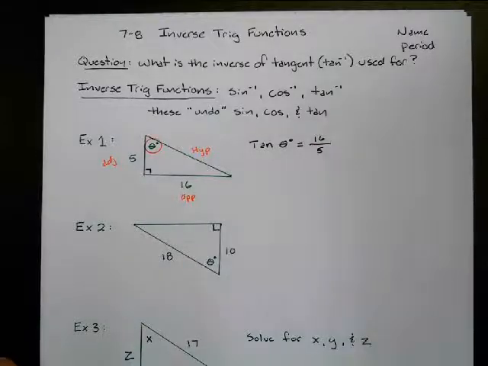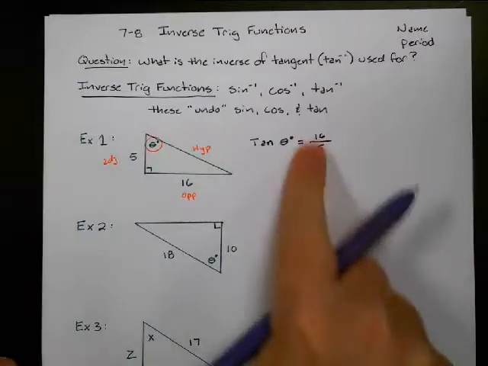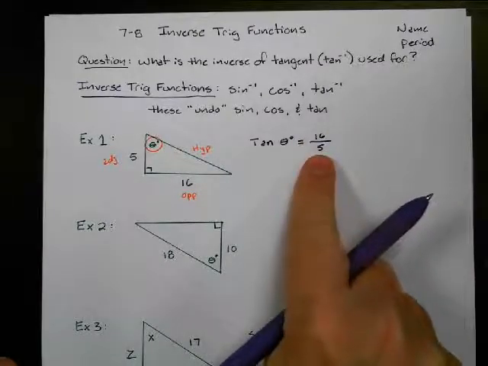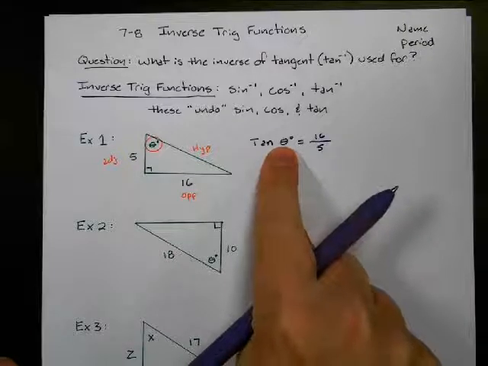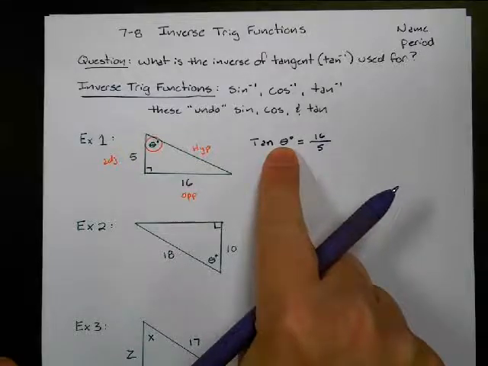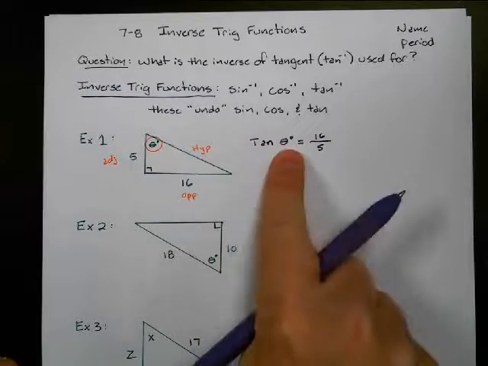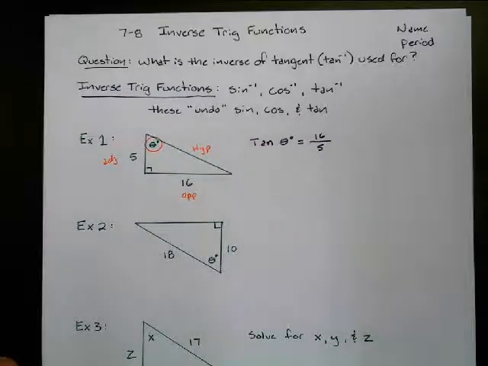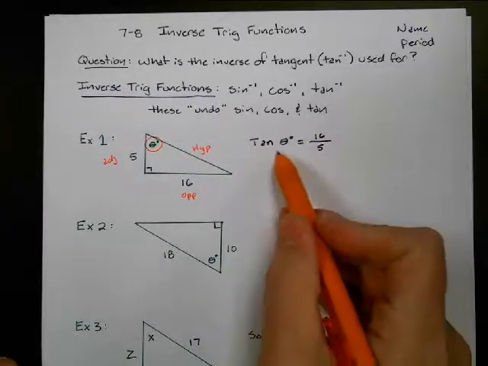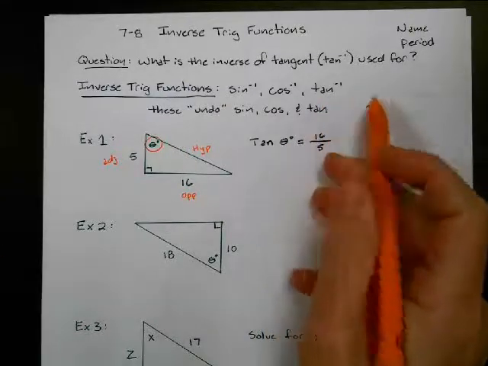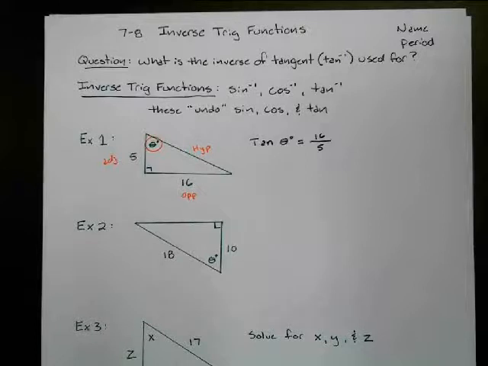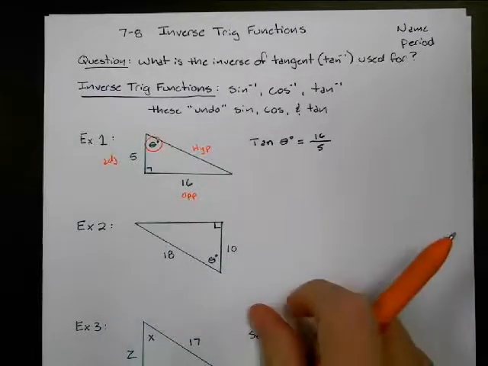Now I don't really need to do anything over here because that's already done, but I want to find out what the angle measurement is. Problem is, right now I've got the tangent of that angle. So how do I get rid of tangent? Inverse tangent, because inverse tangent is the function that undoes tangent.